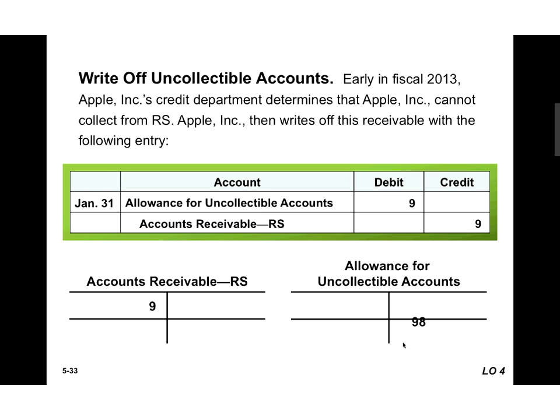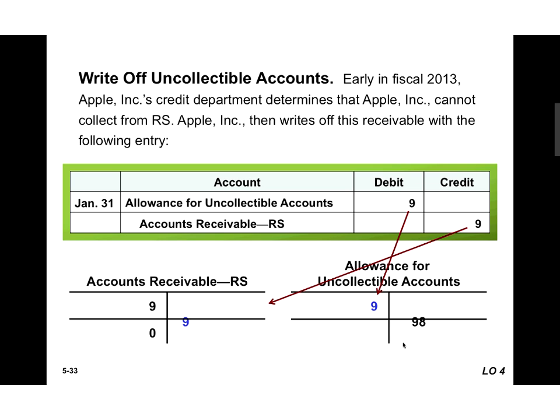Now down below are the general ledger accounts. We see that that 98 spaced wrong. The 98 should be up above that line. So what we're going to do then is the 9 is going to come out of the allowance for uncollectible accounts. The 9 is coming out of accounts receivable. Again, my spacing's off.